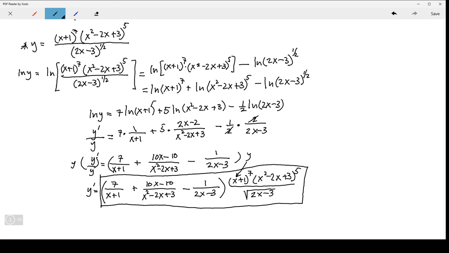I know there's a bit of algebra in the beginning using the log rules to break it up, but trust me, it was a lot easier to do that than it would have been to try and apply the derivative to that algebraically. All right. So the whole point of logarithms is really this technique right here. Right? You want to be able to take the derivative of the log function to be able to use it to do logarithmic differentiation.